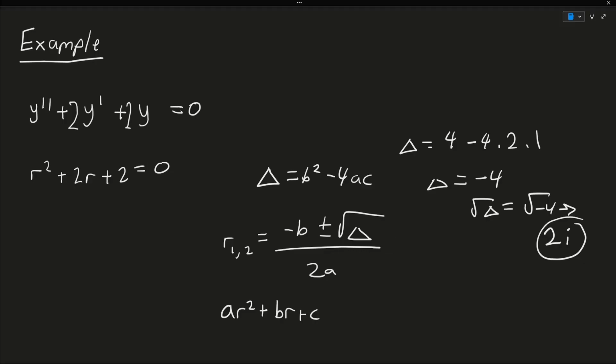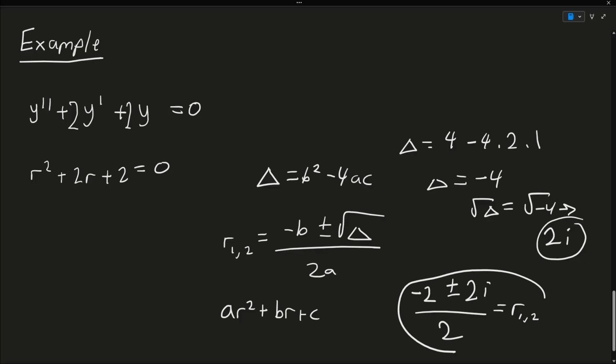So the solution set becomes -b, which is -2, plus or minus 2i over 2 times a, which is 1, so we're going to have 2, equals r1, r2. Okay, so now that we have this, we can simplify it.